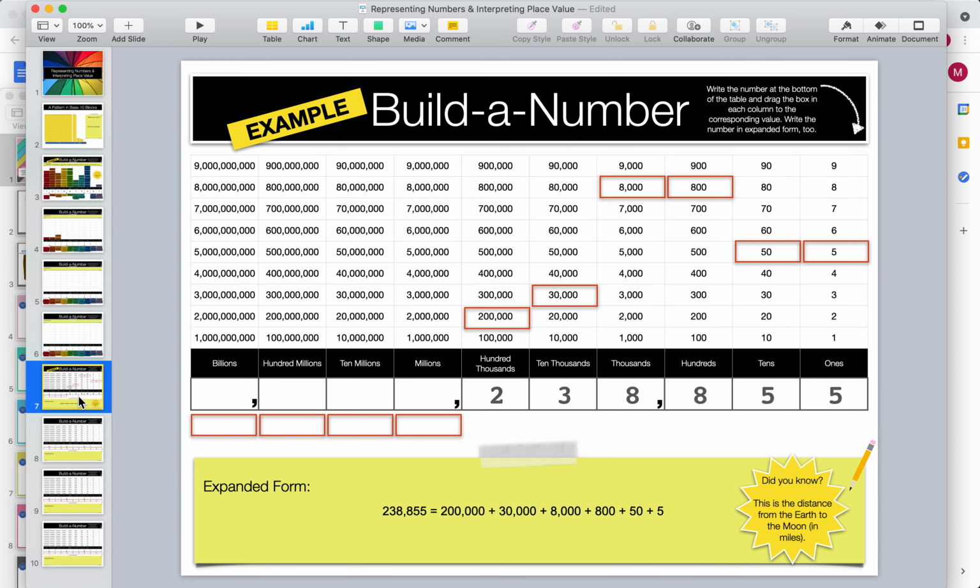In the next pages, they'll see how to build a number here and connect it to expanded form by moving these red rectangles around the values according to the place value.